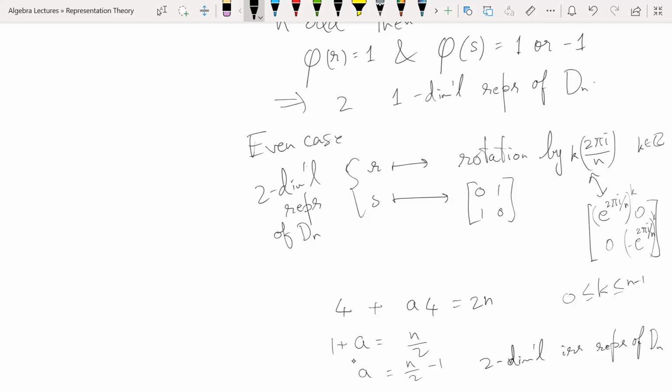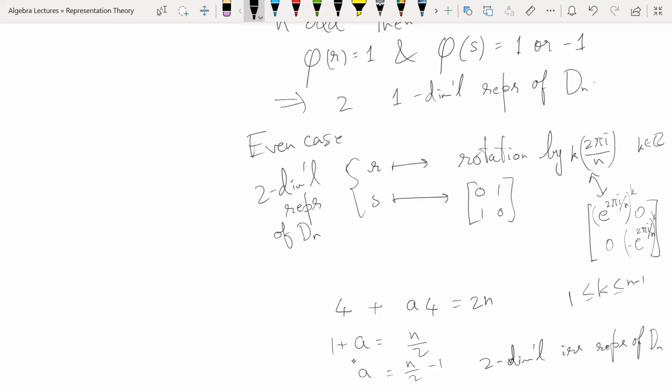If you take the 0 guys, you should forget about 0 as well, so take 1, because 0 is not rotating, so that will correspond to a reducible representation. So you take 1 to n minus 1, and then rotating by angle k and rotating by angle n minus k will give you isomorphic representations.